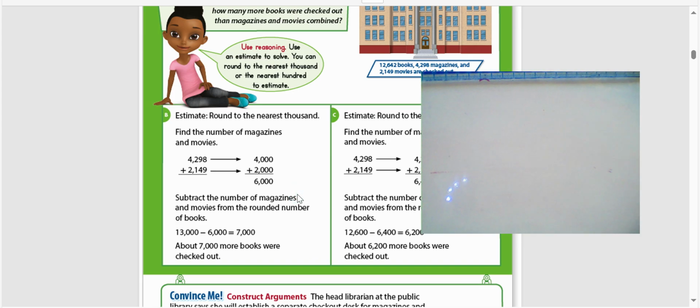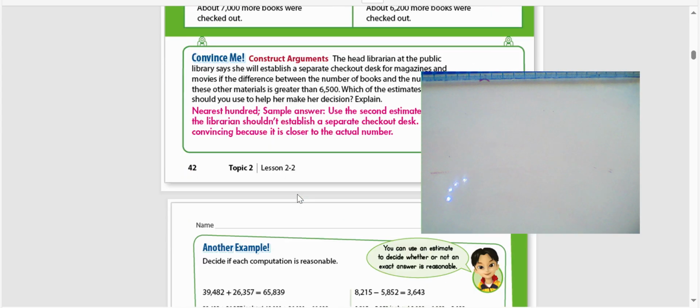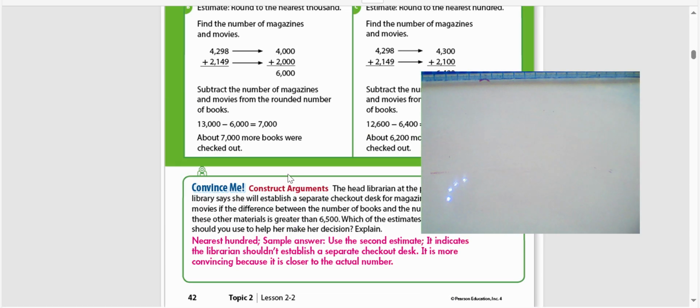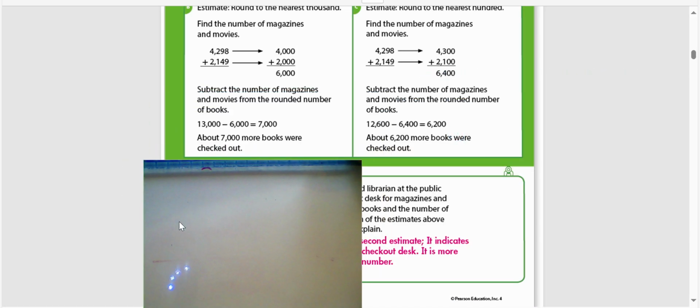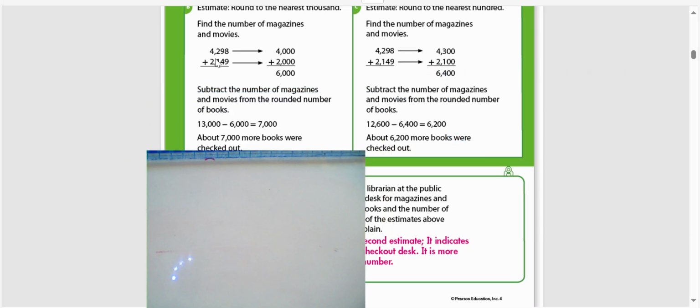Okay, we'll give you this example here. We can find the actual number here, 4,298 plus 2,149. We can add together and we can approximate each number to the nearest 1,000. 4,000 and 2,000, the sum of them equals 6,000.